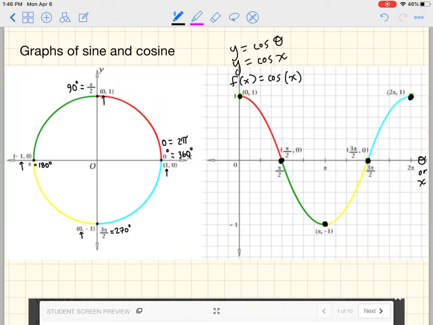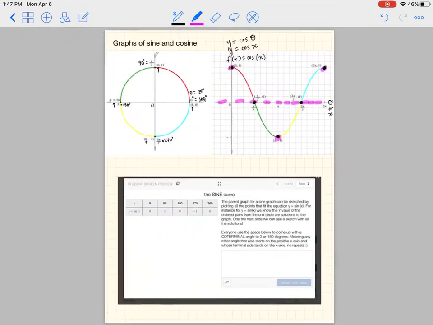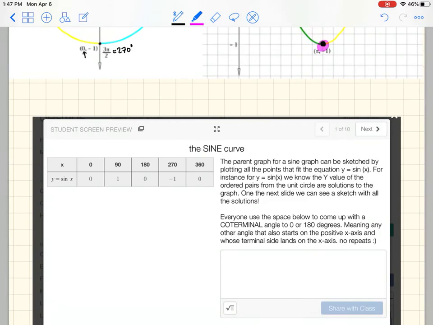I do want to start to learn the vocabulary. So we will be talking about the high points being the crest, the low points being the trough. The line that splits it into 2 equal halves is called the midline. So all these things are going to come up in your first Desmos assignment.